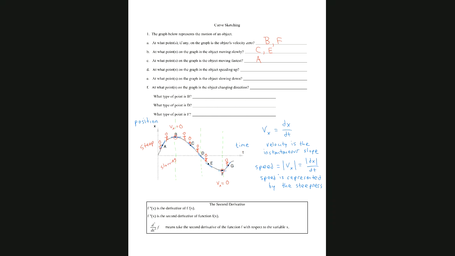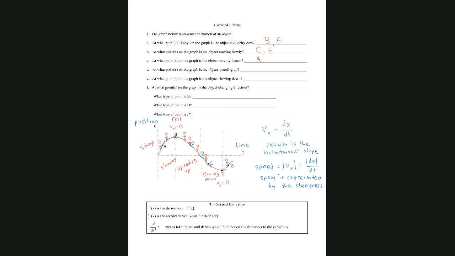Now at B, we're at rest for an instant. But at D, we're moving a little bit faster. So we're actually speeding up from B to D. What about from D to F? Notice that at F, we stop moving. And so for that reason, we're actually slowing down.